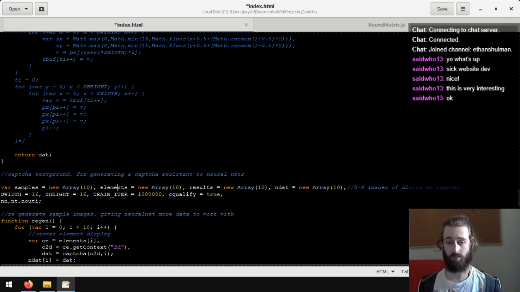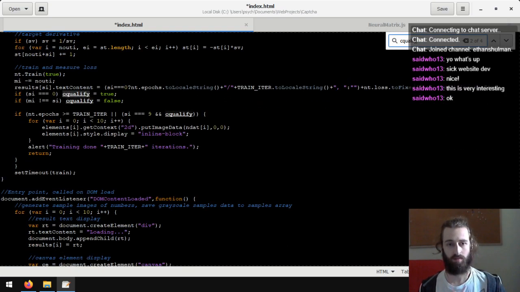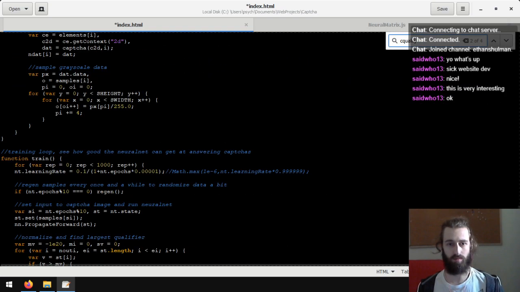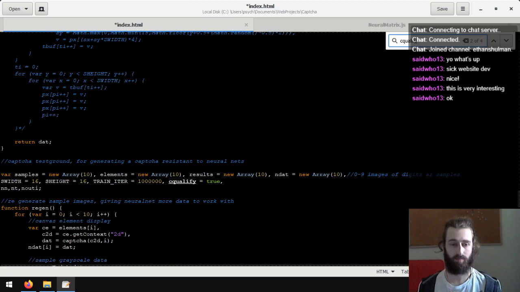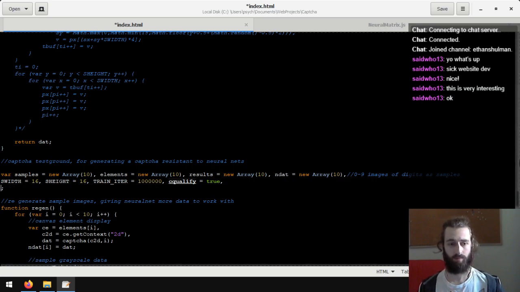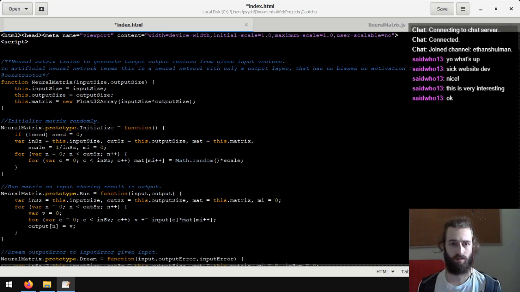So we got our samples, elements, results, digits as samples, sample width, sample height, training iterations. I don't know what cqualify is. I guess it's just some data variable. Neural net, neural trainer, note I. So we need a matrix.